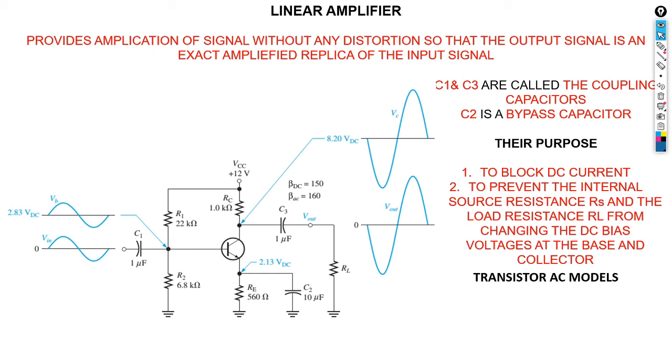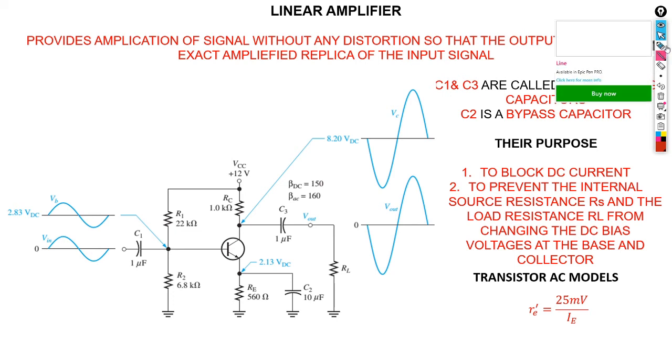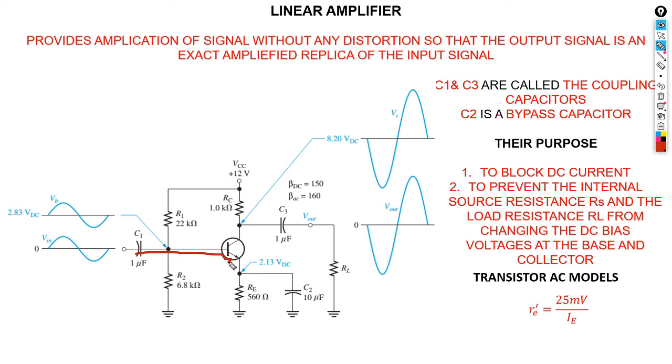Okay, and then the transistor AC model, what we need to keep in mind is that when there is an AC current flowing through this capacitor, there will be a creation of an internal resistor, and this internal resistor is only in our AC circuit, and then to calculate that internal resistor is going to be RE.